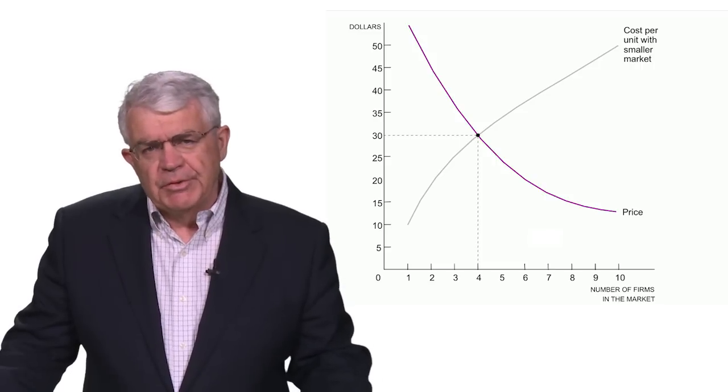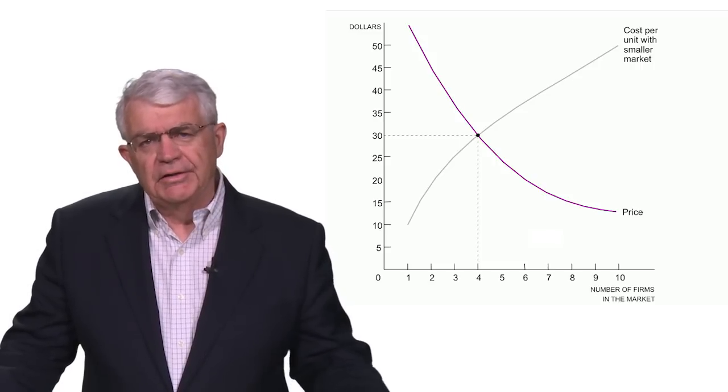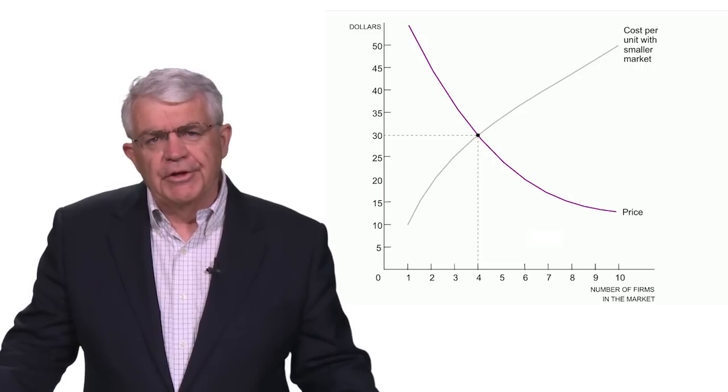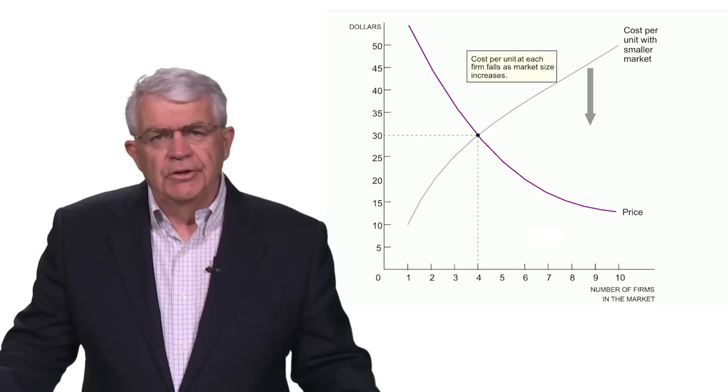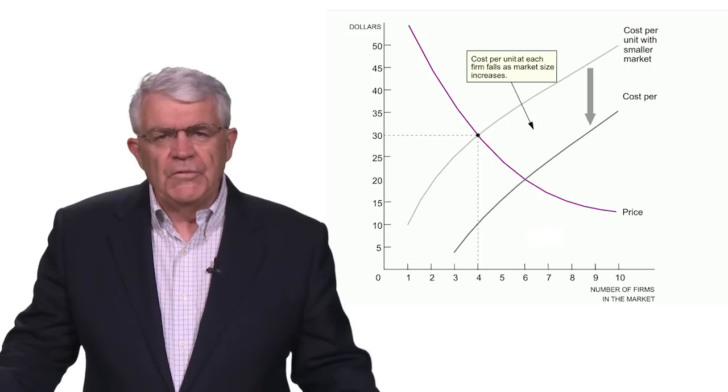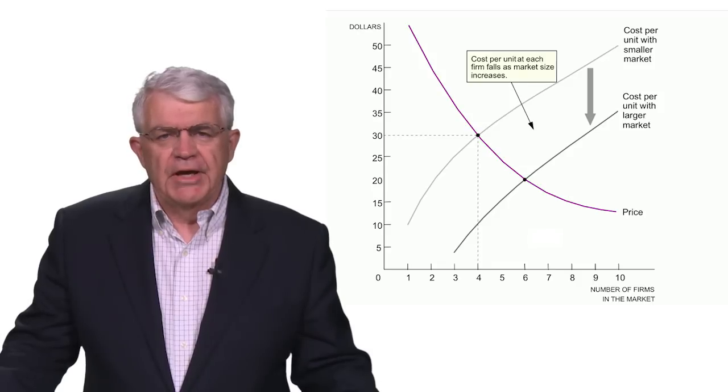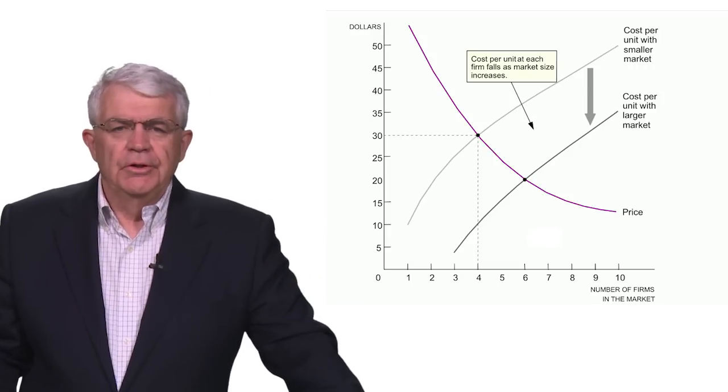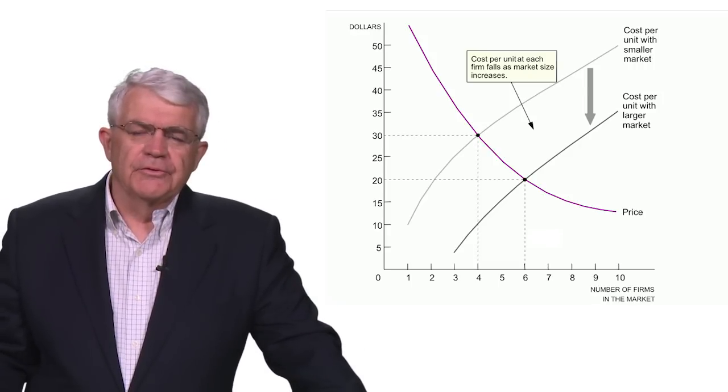So this could just be the United States, and now we're going to add in Canada and Mexico and have a North American market. That shifts this curve down, as we know. Cost per unit for each number of firms comes down.